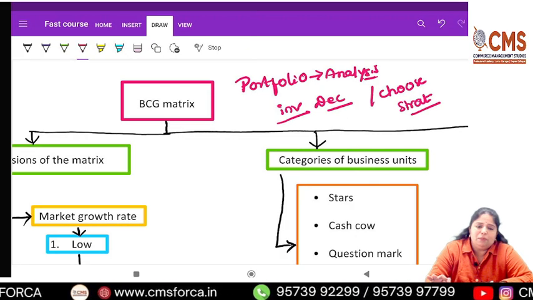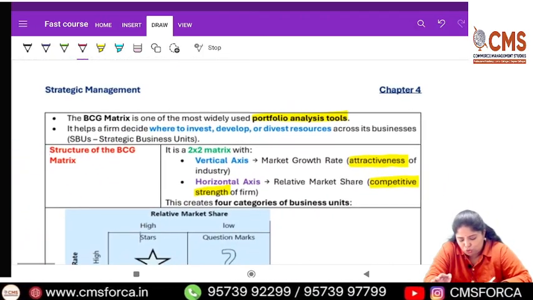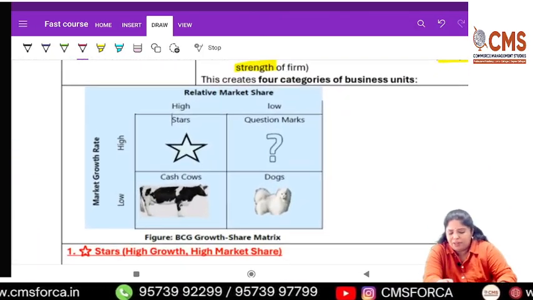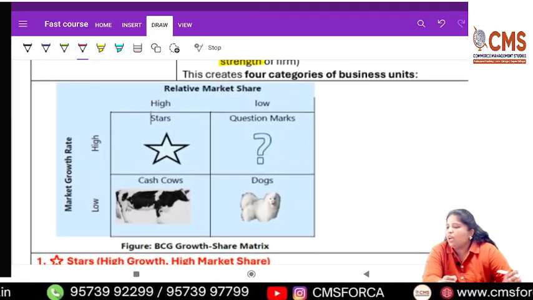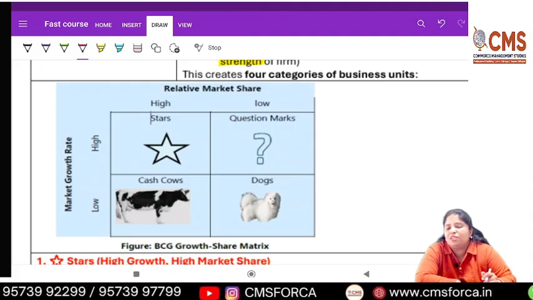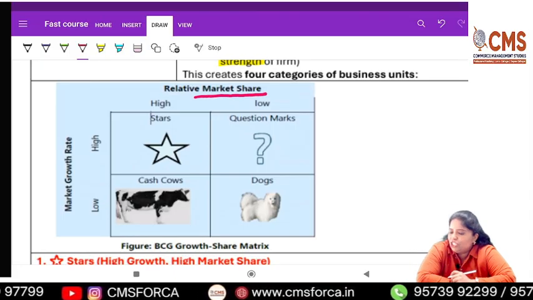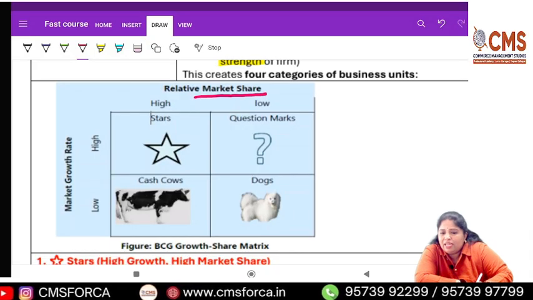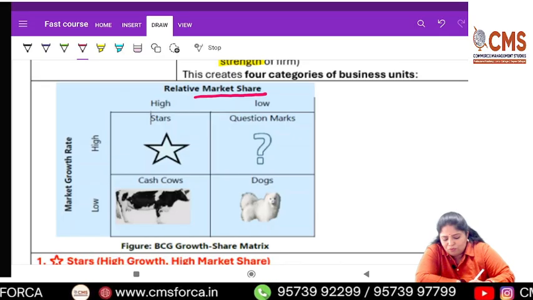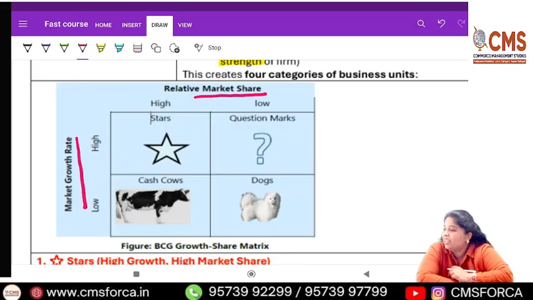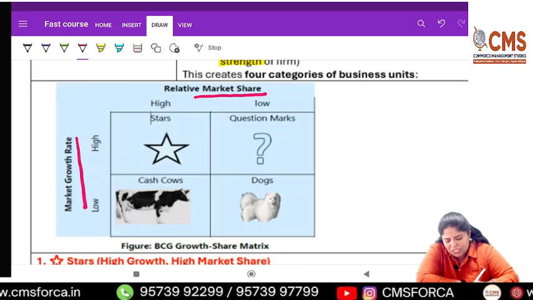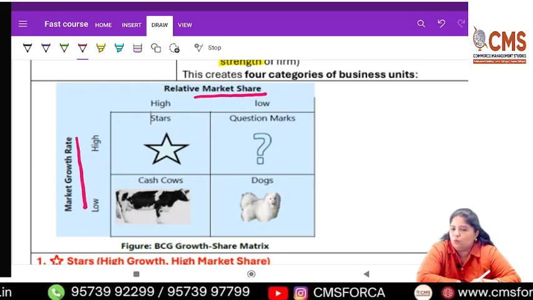So the BCG matrix considers two dimensions, as you can see here from the picture. What are the two dimensions? One is market share, which can be high or low. On the vertical axis, we have market growth rate, which can again be high or low.